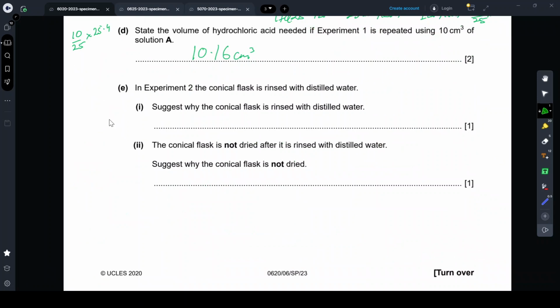So suggest why the conical flask is rinsed with distilled water. To remove any impurities left over from previous experiment or from the air.